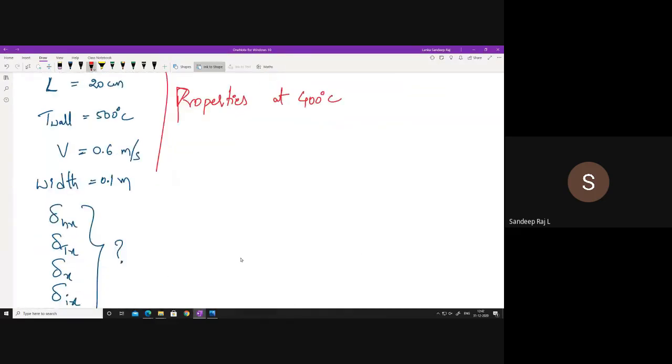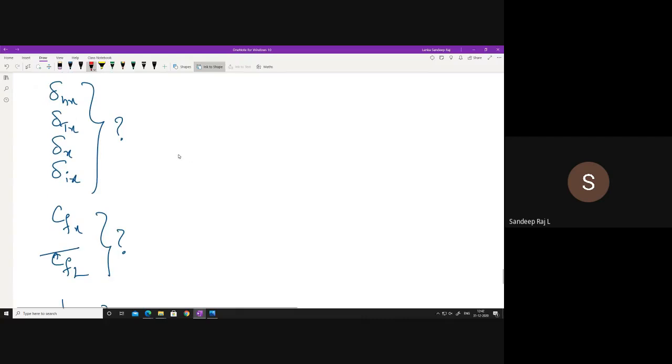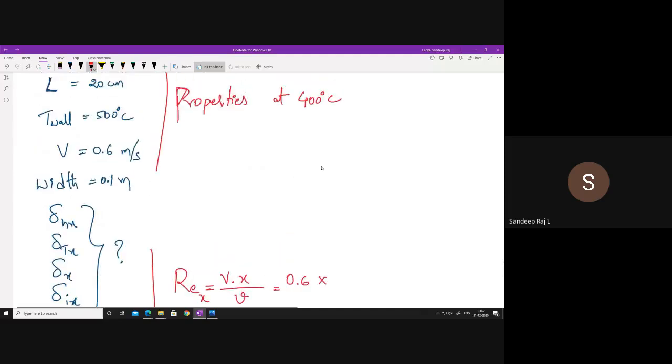Same kind of thing that we have done in the previous problem. So get the value of Re. What is the formula for Re here? V into x by mu. You know the V value given in the question: V is 0.6, and L given in the question is 20 centimeters.